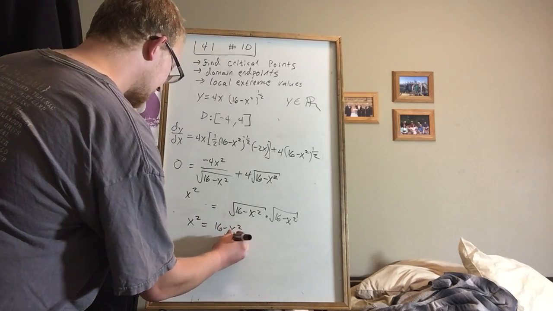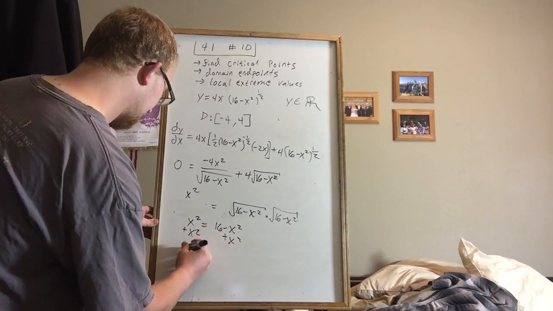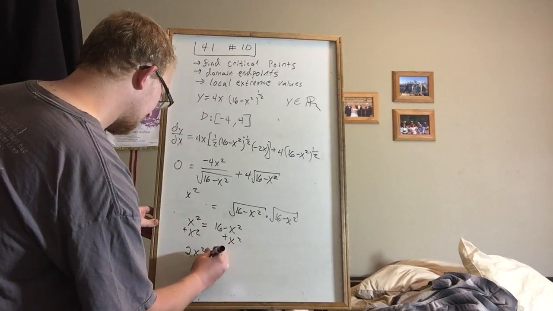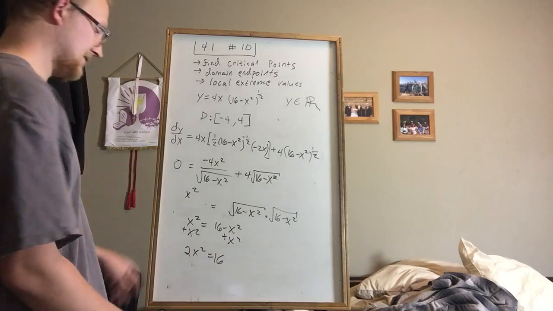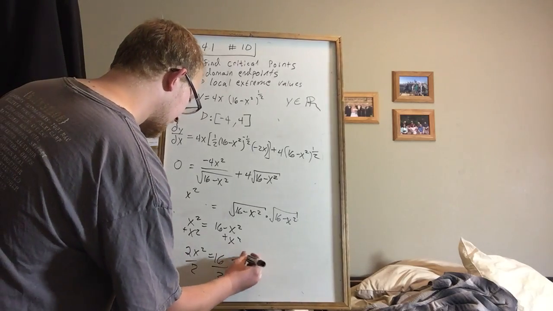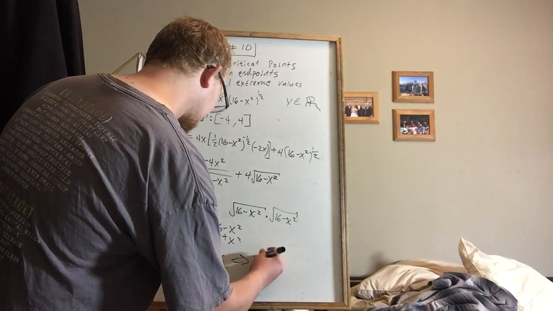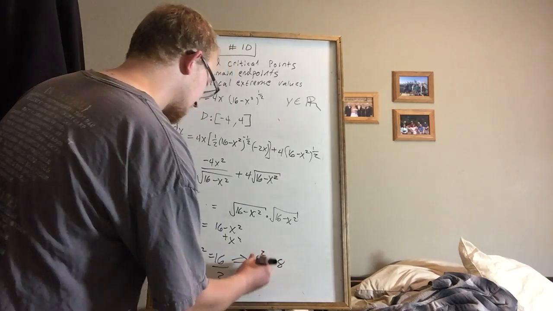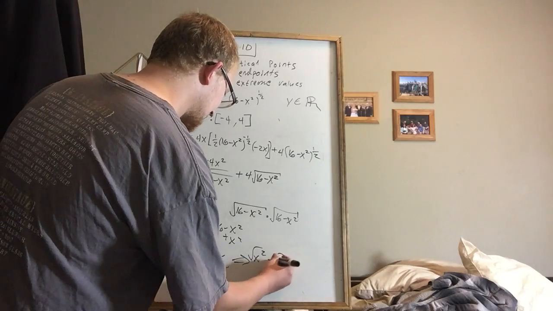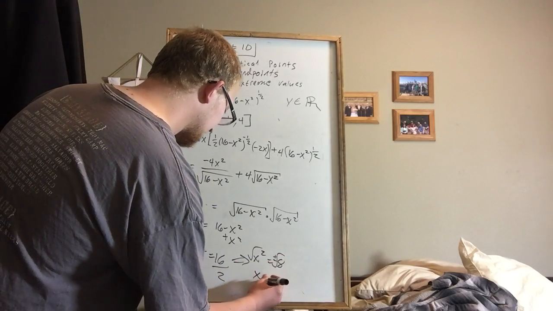Then we will add the x squared to both sides, and we'll end up with 2x squared equals 16. So then we'll divide by 2, and that'll lead us to x squared equals 8. So if we take the square root of both sides, you'll notice that we're getting two local extrema.